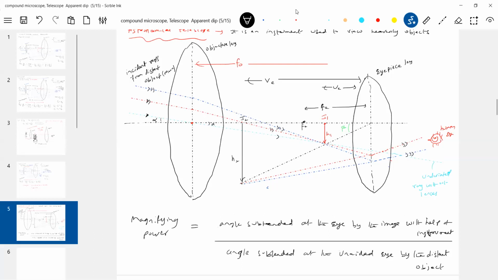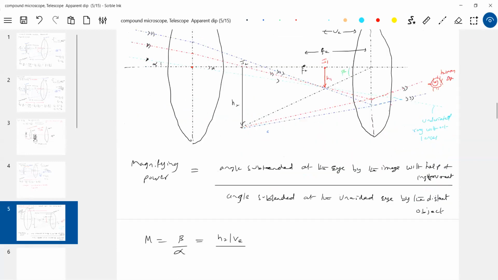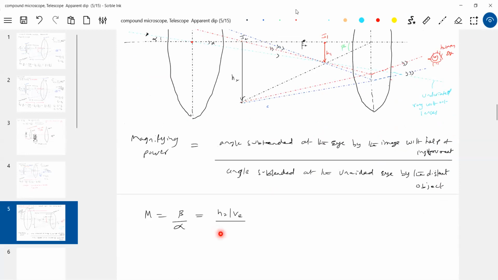So look at this triangle. Able to make it out? I'm just telling this one, this alpha, H1 by F naught.